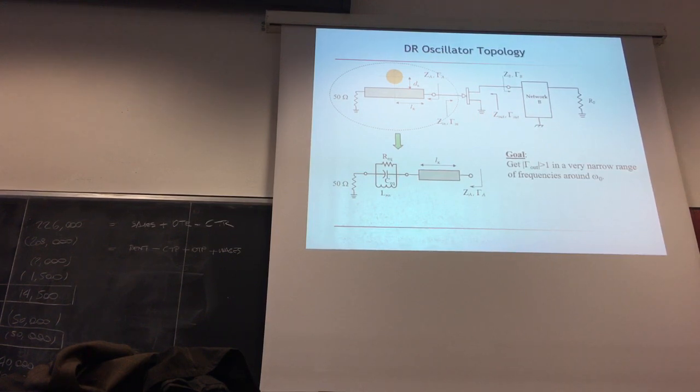If this happens, oscillation cannot arise, and then we are sure that only when gamma in is quite close to 1, this structure can oscillate.